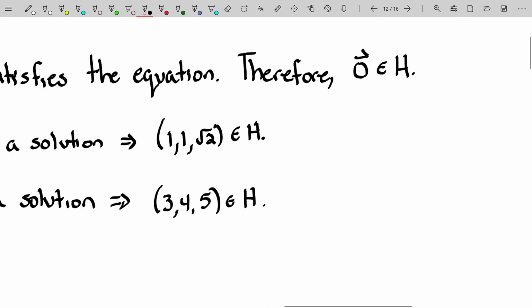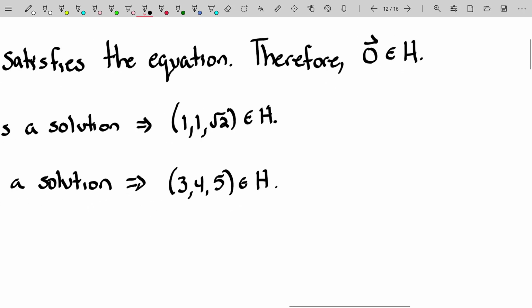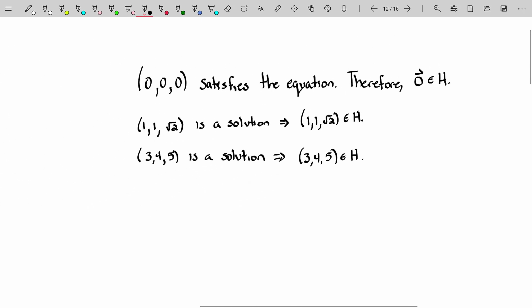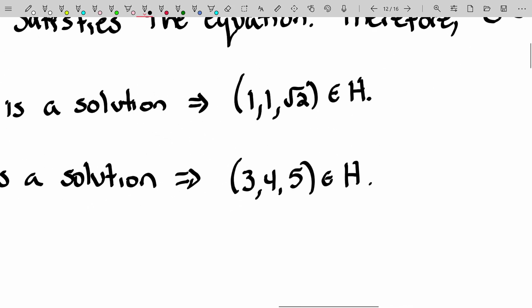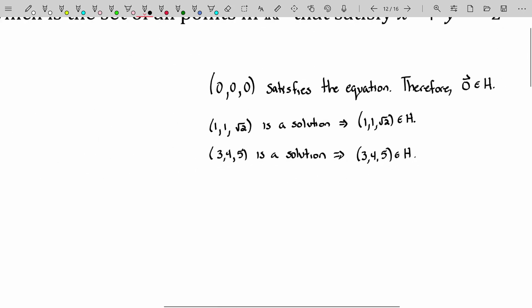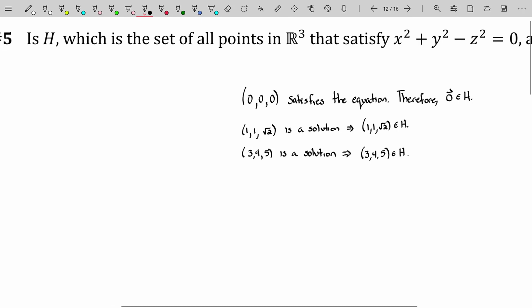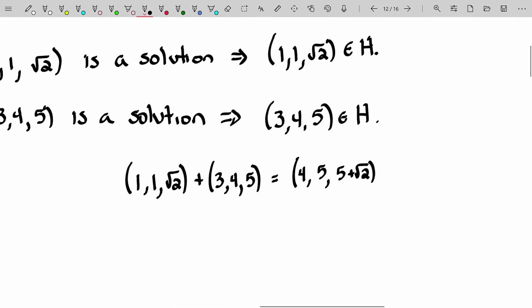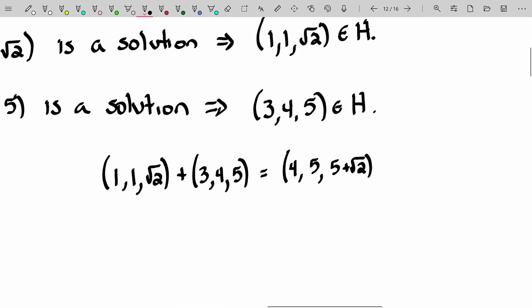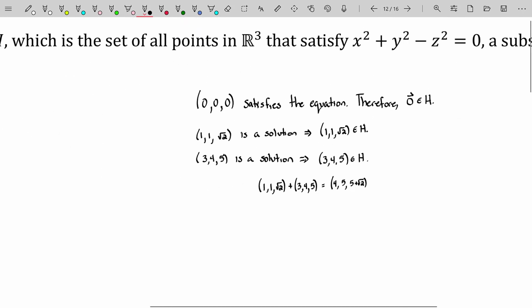So since we have these two different vectors in H, let's see if their sum is also in H. If their sum is not in H, then we know H is not closed under vector addition. Add those two vectors up and you get 4, 5, 5 plus root 2. Let's see if that satisfies the equation.